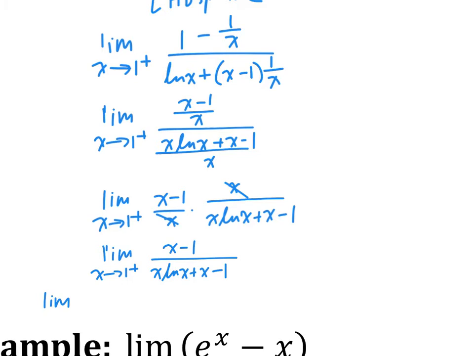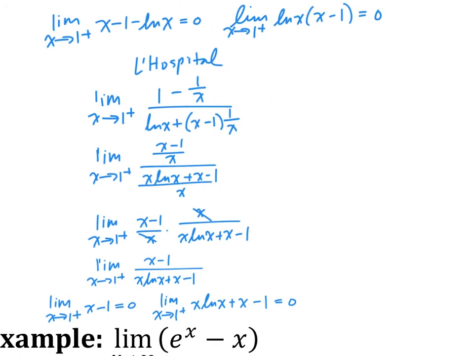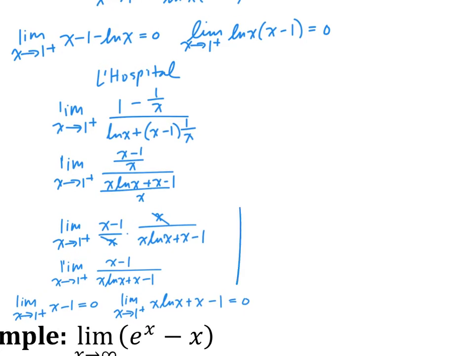Okay, so let's prove that we can use it. The limit as x goes to 1 plus of x minus 1 is equal to 0. The limit as x goes to 1 plus of x natural log x plus x minus 1 is 0. So we're going to take L'Hopital's rule.